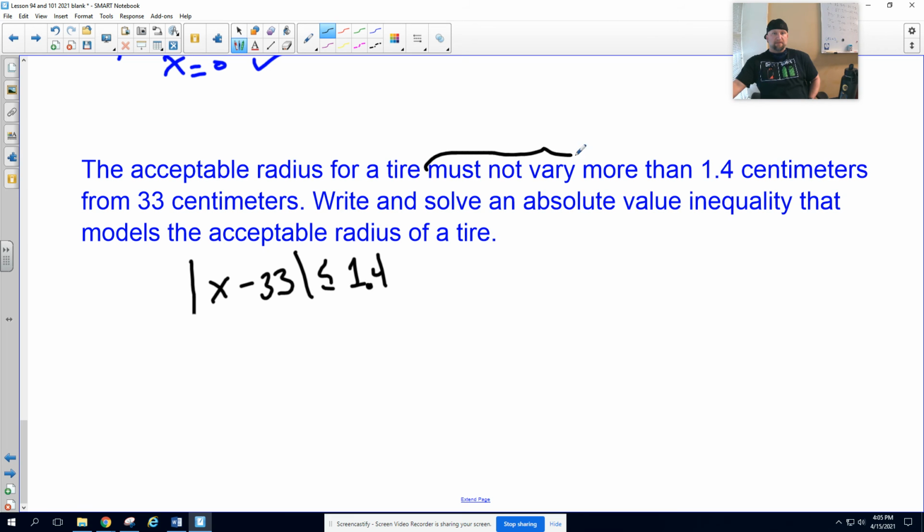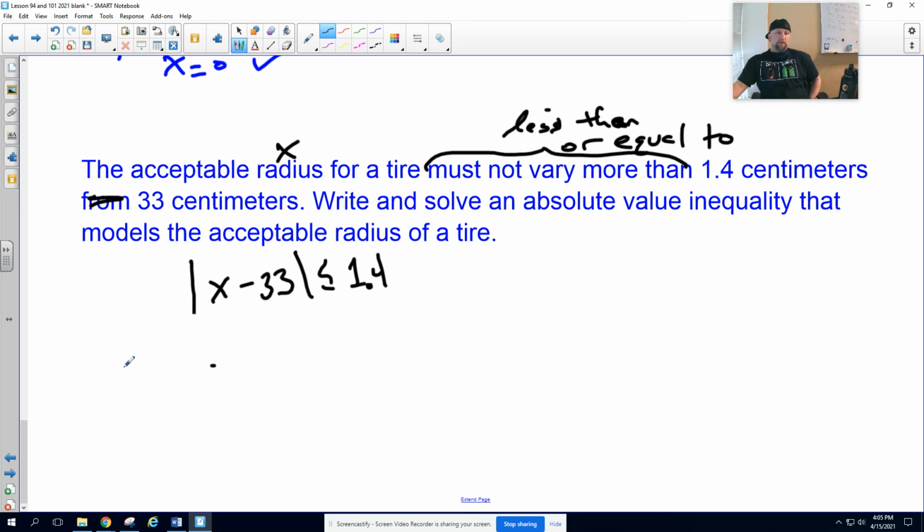Must not vary more than. What that is saying is less than or equal to. The radius I'm just having as x, and so it's less than or equal to 1.4 from 33 centimeters, so that's how I know it's minus 33.